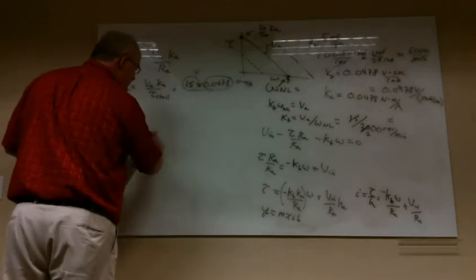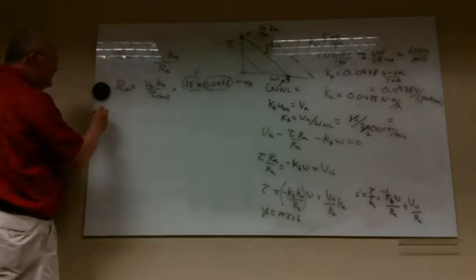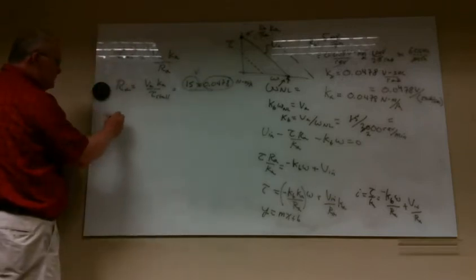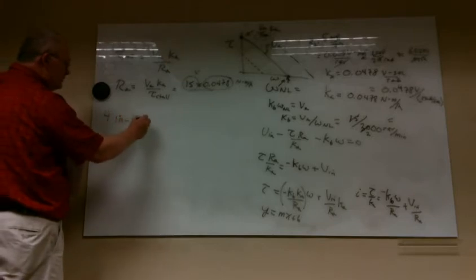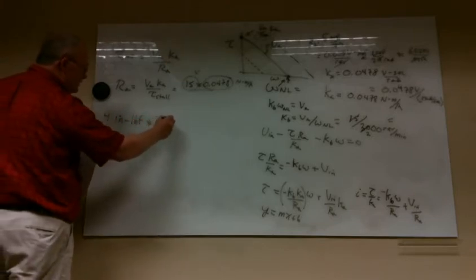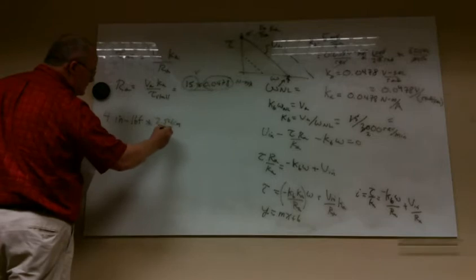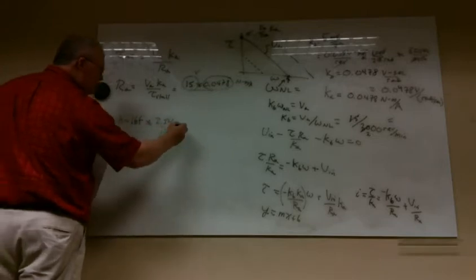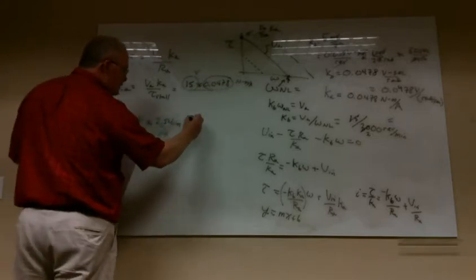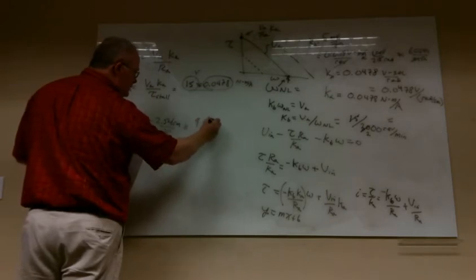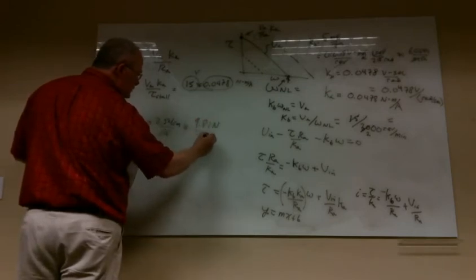Well, probably the easy way to do it is to say 4 inch-pounds force times 2.54 centimeters per inch. Those cancel out. Times 9.81 newtons per 2.2 pounds force.